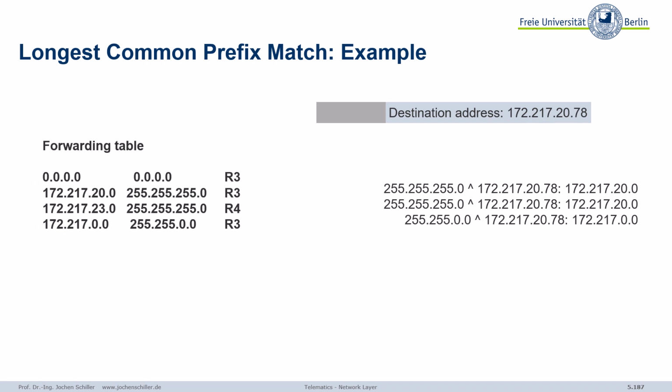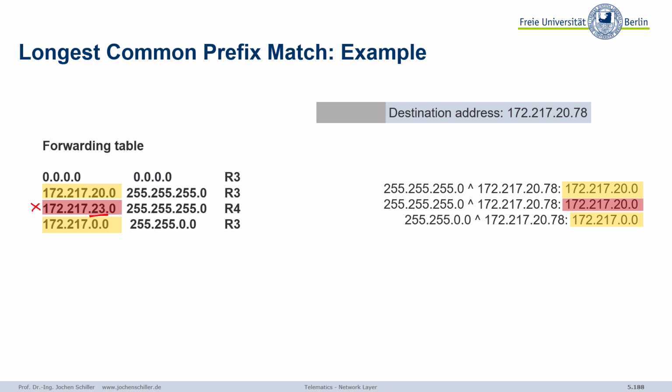So what we do is we compare the destination address with these entries. Then we will find out that, here it doesn't even match. So we cannot simply say, the first two bytes match. No, we compare, that doesn't even match.